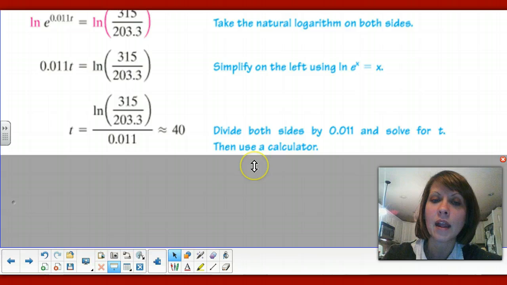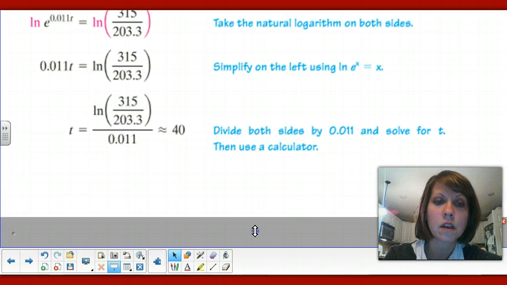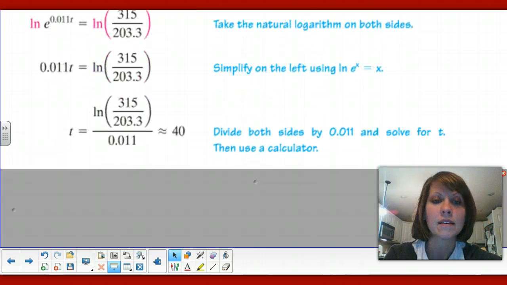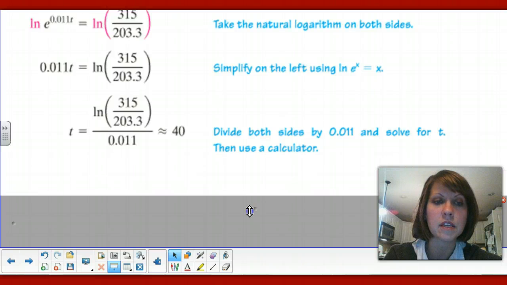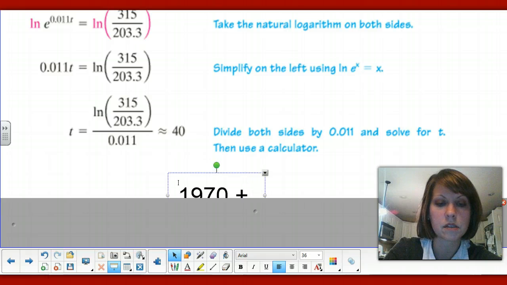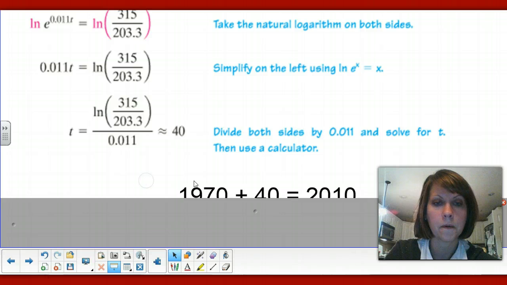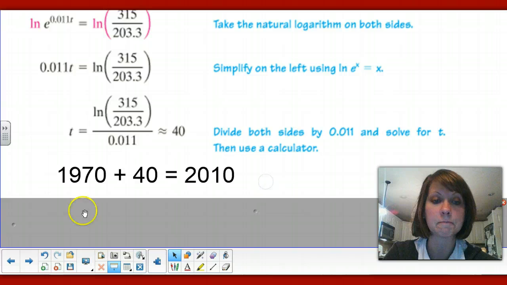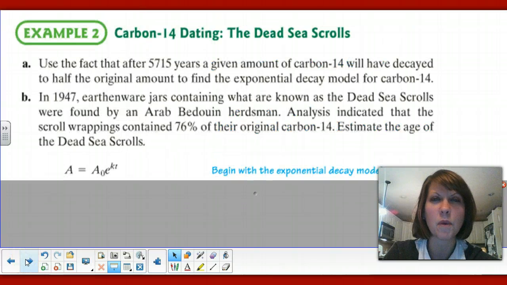It's actually by the year 2010. The year would be 1970 plus 40, so the year would be 2010. Some of you may have been tricked by that on a previous assignment, Math Excel wise.